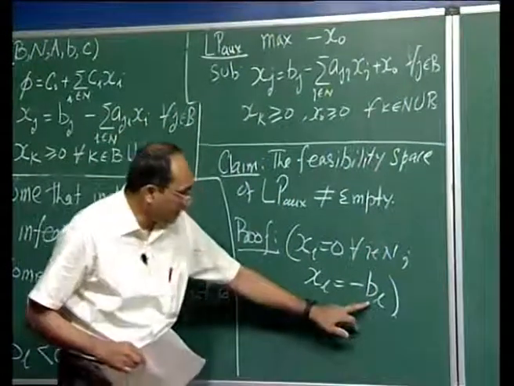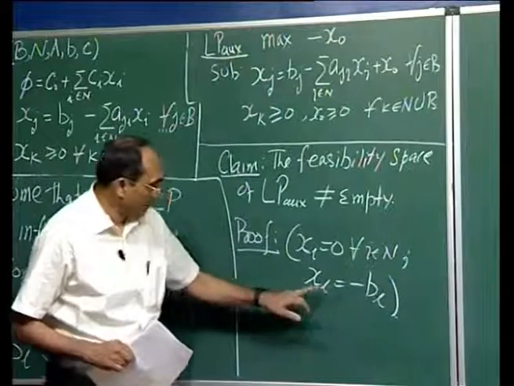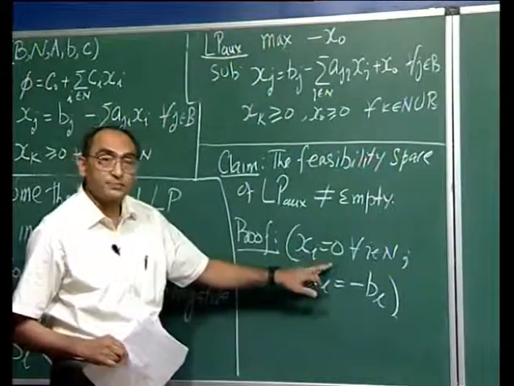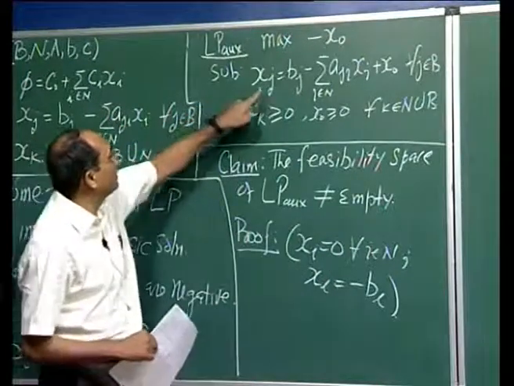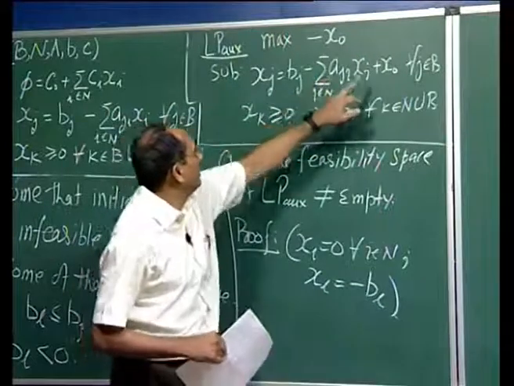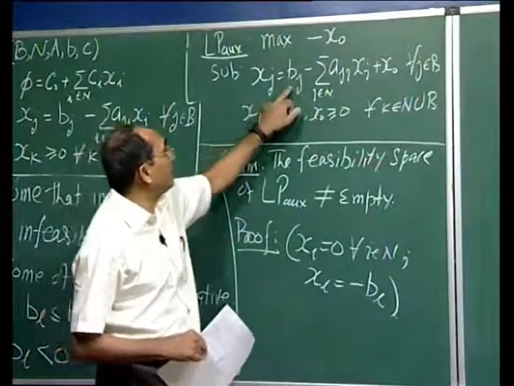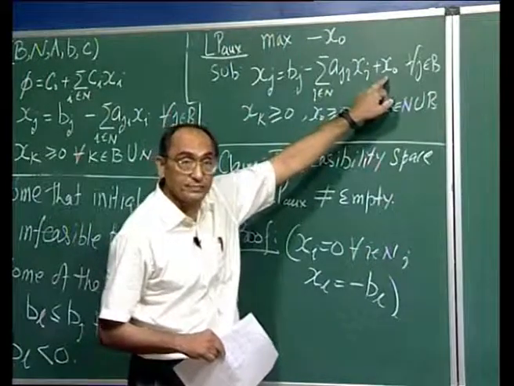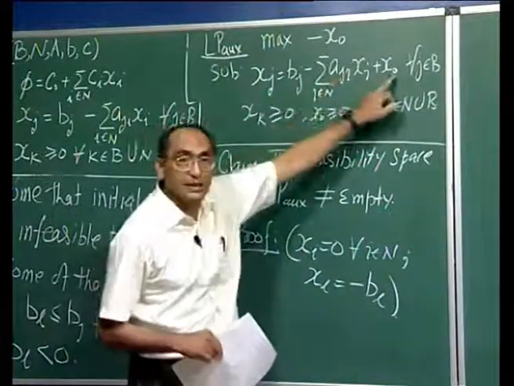Notice that bL is negative, so minus bL is positive. xL is positive here, all xi's are 0. And then if you notice, these terms vanish. bj's are all greater than or equal to bL. So bj minus bL is non-negative.